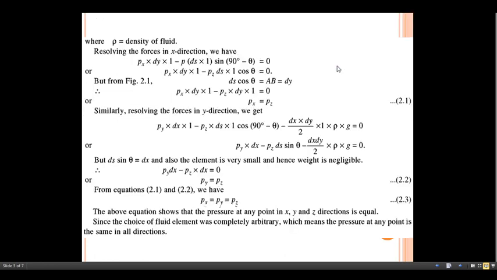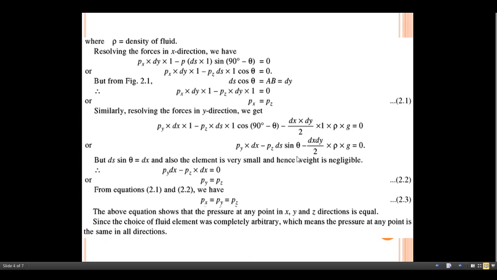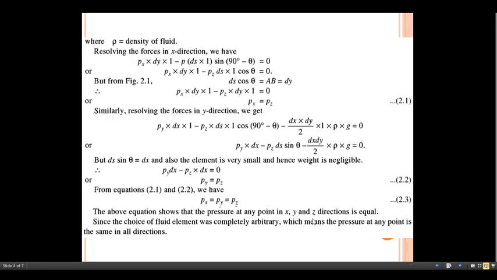So instead of AB and AC we write dy and dx: dx multiplied by dy divided by 2 multiplied by 1 multiplied by rho into g. This term is taken as it is, and for equilibrium we equate it with 0.